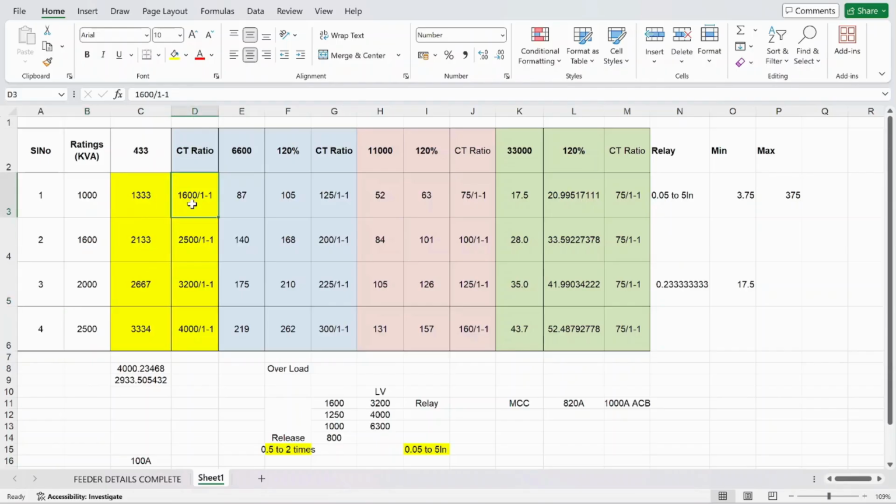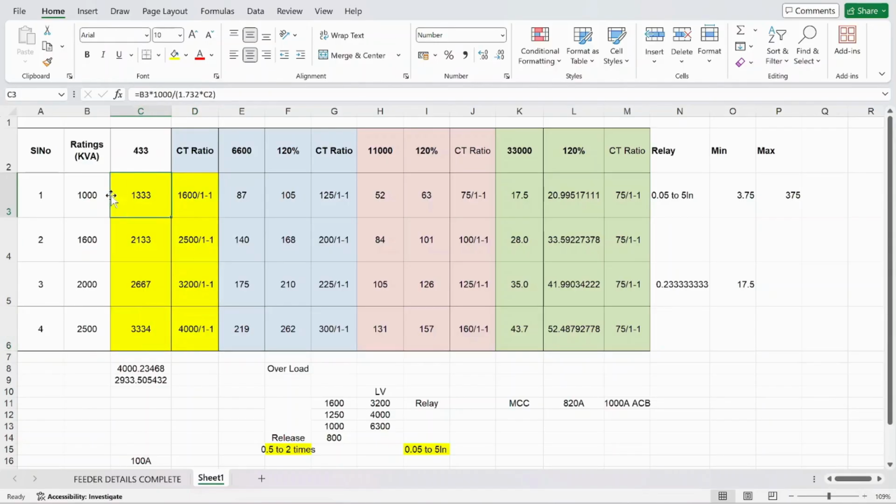For 1000 kVA, if we consider around 10% extra, I can select a 1600 amp breaker. For 2133 amps, I can select 2500. For 2667, I will select 3200. For 3334, I am selecting 4000. This is easy to remember.